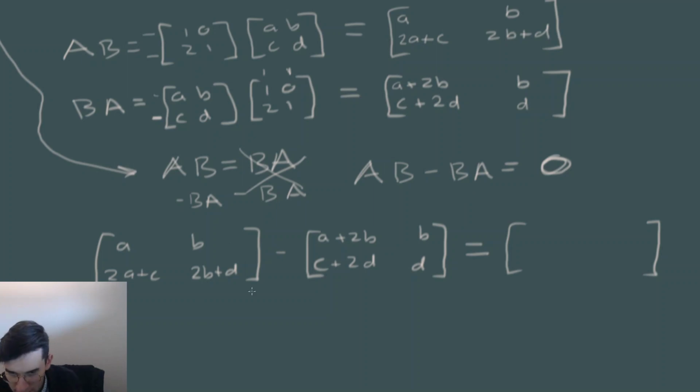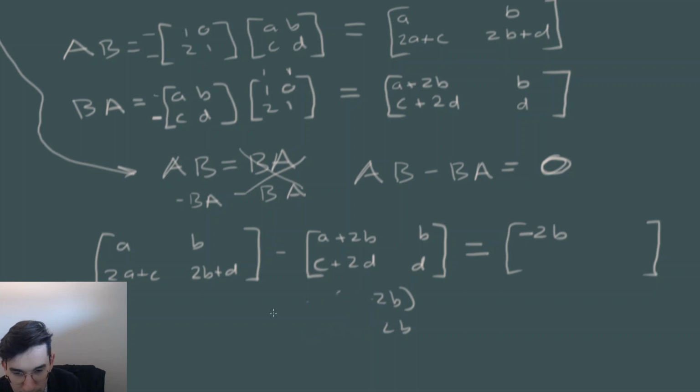Okay, we have A minus A plus 2B. Distribute the negative, we get negative A, well, actually minus 2B. So A minus 2B. The two A's will cancel, and we get negative 2B. 2B or not 2B?